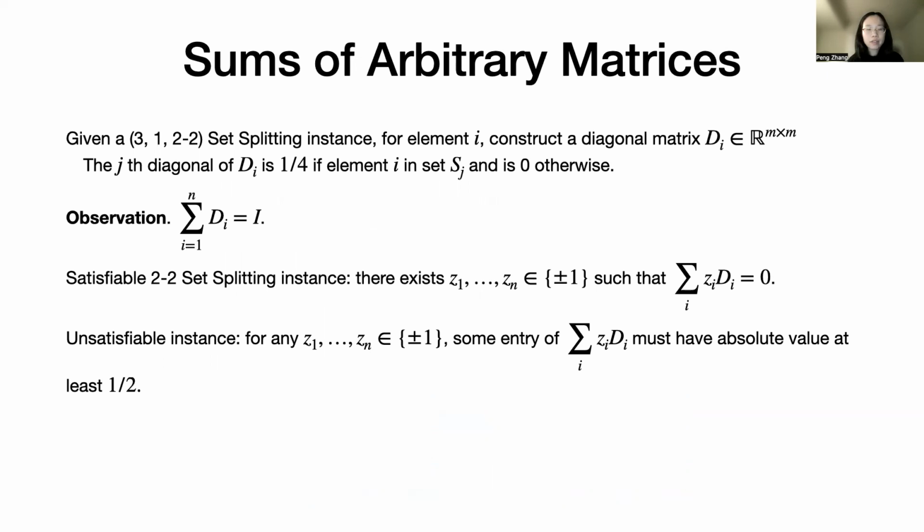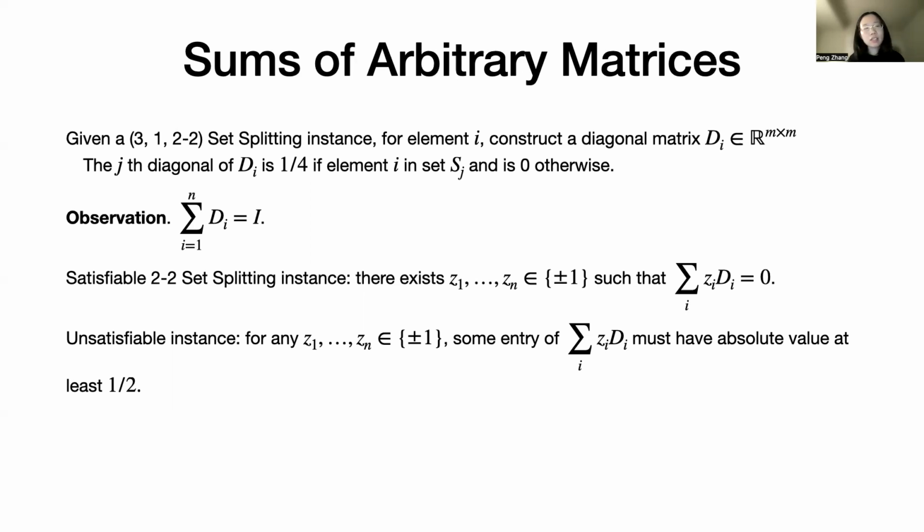The jth row and the jth column of Di corresponds to the set Sj in this set splitting instance. We set the jth diagonal of Di to be 1/4 if element i is in set Sj. And we set this number to be 0 otherwise.